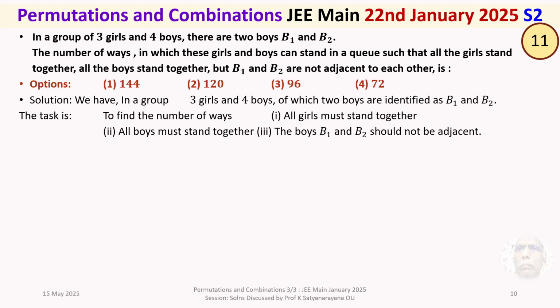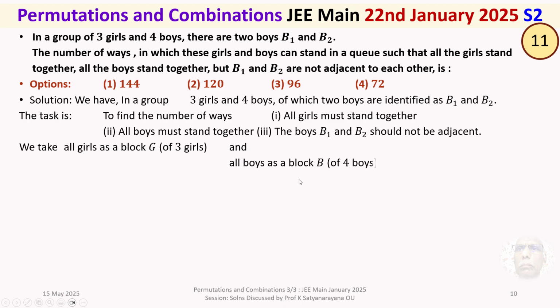Right. So what I will do is, I will take these 3 girls and write them as one block, call it G. These 4 boys, we write as one block, call it capital B. We take all girls as a block G, which has 3 girls, and all boys as a block B, which has 4 boys.